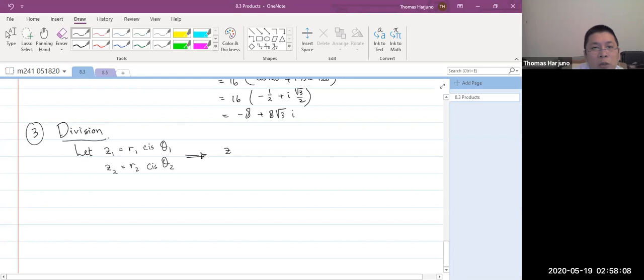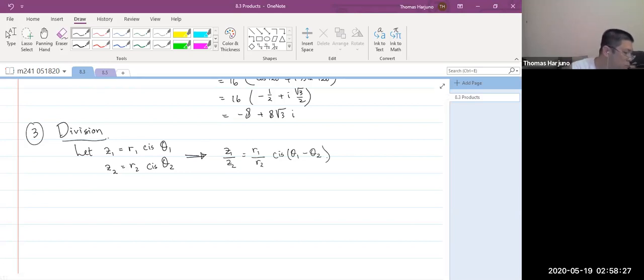So C1 over C2 will be R1 over R2 cis theta 1 minus theta 2.